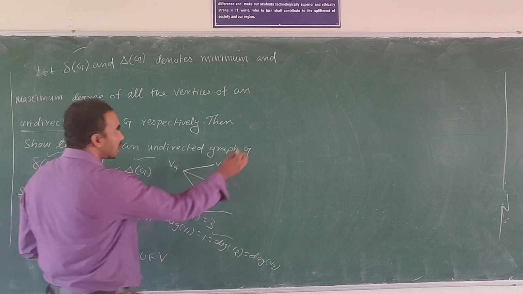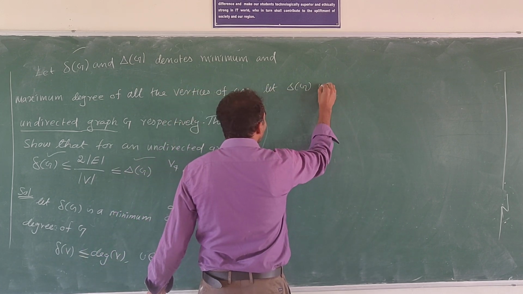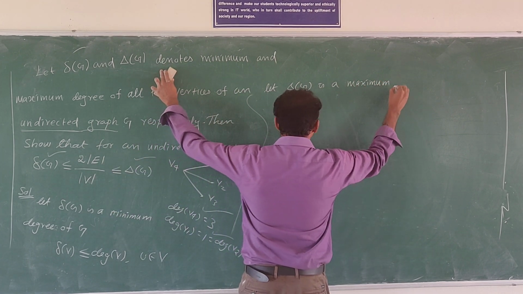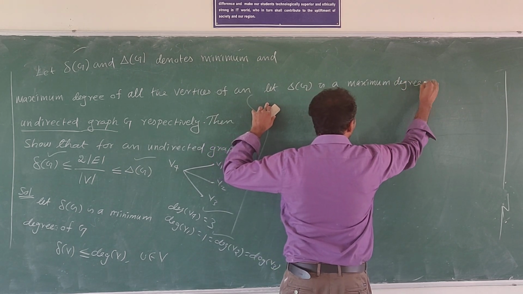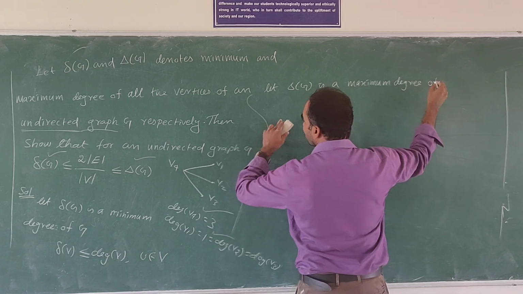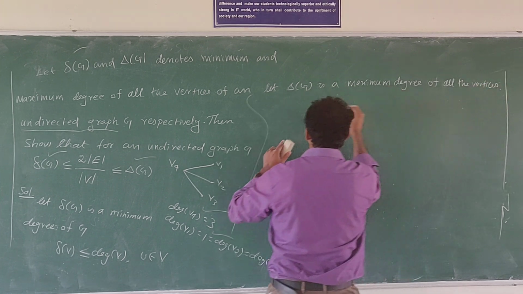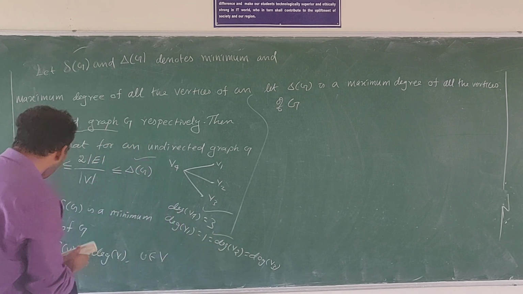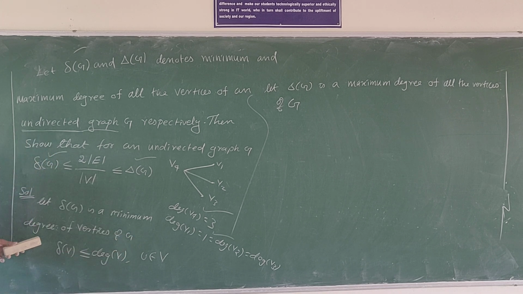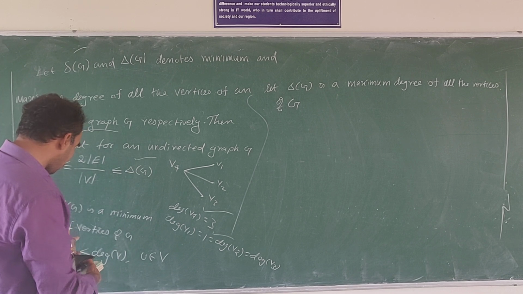Okay. Next, likewise, let ΔG be the maximum degree of all the vertices of G. Degree of vertices of G. Okay, so this satisfies which condition?